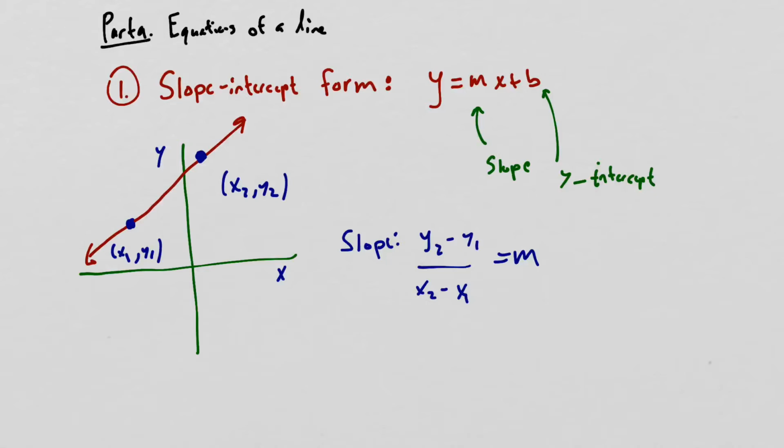Then, since we know the slope and we know a point on the line, we can always solve for the y-intercept. Then, once we have the slope and the y-intercept, we have an equation that determines the line, which comes from just knowing 2 points ahead of time. Again, this tells us the useful fact that lines are determined by 2 points.